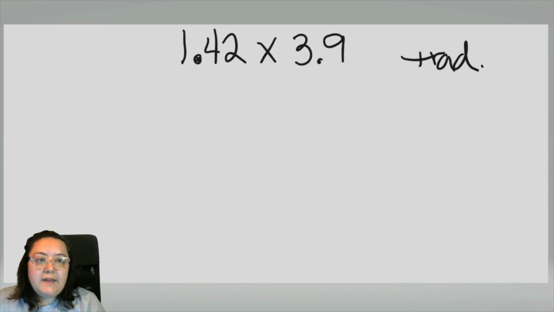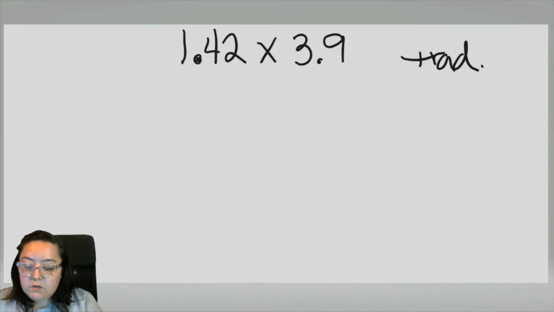In the last video I showed you how to multiply a 2-digit number times a 2-digit number. In this lesson we are going to be expanding on the number of digits that we're using as well. So even though 1 42/100 is less than 3 9/10, I am going to put that number on top whenever I set this problem up because it has more digits in it.